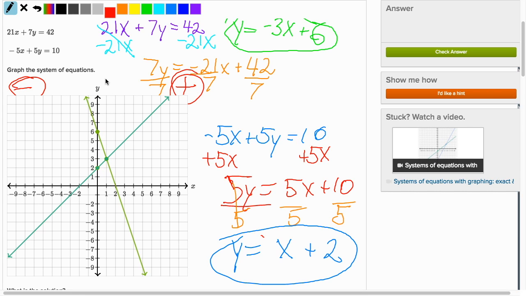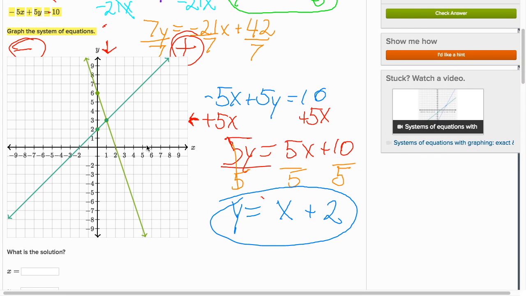One x value and one y value. The x and the y value that we're talking about here are the solutions to the system. All we need to realize is that this intersection point right here is the solution.